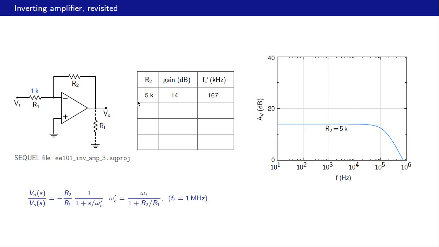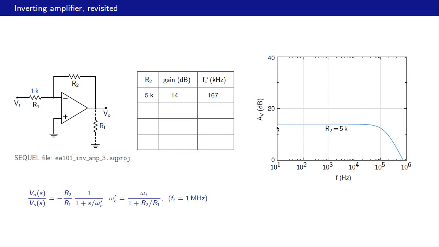With R2 equal to 5K, the gain is 5K by 1K or 5, and that is 14 dB. And the corner frequency Fc prime is Ft divided by 1 plus R2 by R1. So that is 1 megahertz divided by 6. That turns out to be 167 kilohertz. And we can see that in this plot here, this is 14 dB.